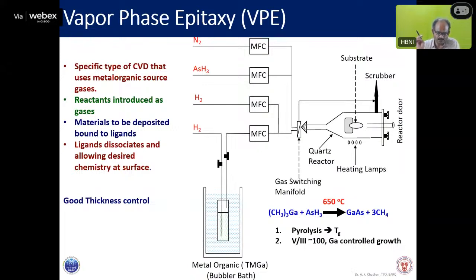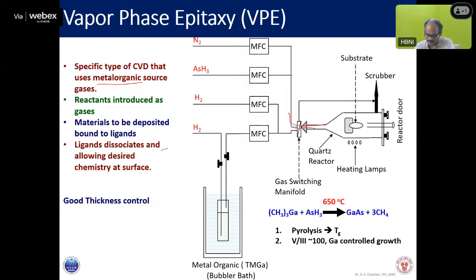It is actually a specific type of chemical vapor deposition that uses metal organic source gases. So you have some metal organic source gases, and then reactants. These reactants are introduced as gases in this chamber, and the material to be deposited is bound to ligands, and then the ligands dissociate, allowing the desired chemistry at the surface.